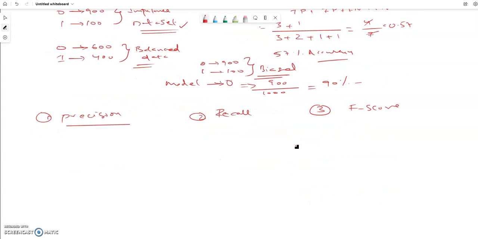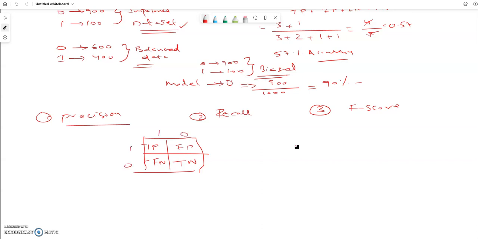In precision, let's try to write our confusion matrix here. It will be very clear for us to understand. According to our confusion matrix, it is true positive, false positive, and false negative, and true negative, right? Let me put here 1 and 0, 1 and 0.